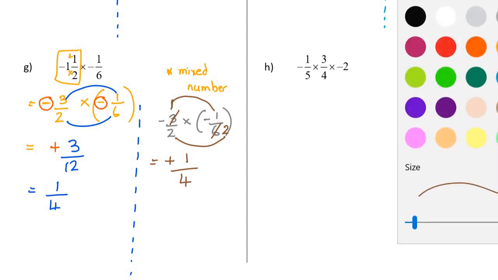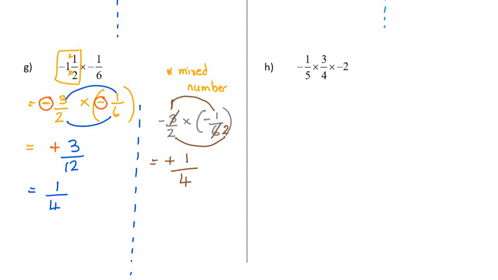Okay, last question to do. I'm also going to divide it in half in case I can do this two ways. And my first thing here is I'm going to write that 2, as I have done before, as 2 over 1. In this case, negative 2 over 1, because I like to view everything as a fraction. Okay, now let's do our signs quickly because they're annoying. So negative times a positive times a negative.